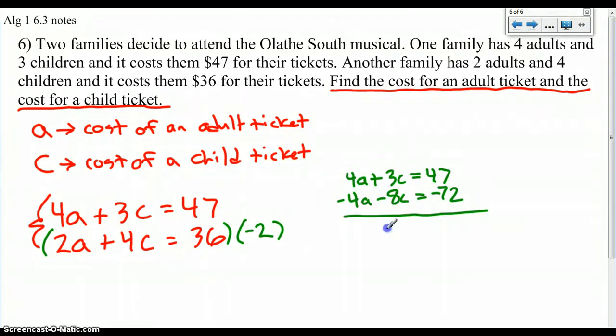We've eliminated the a values, so we're going to have -5c equals -25. 72 and 47 have a difference of 25. The negative number is the larger of the two, so that has to be negative. And I know then that c is 5.